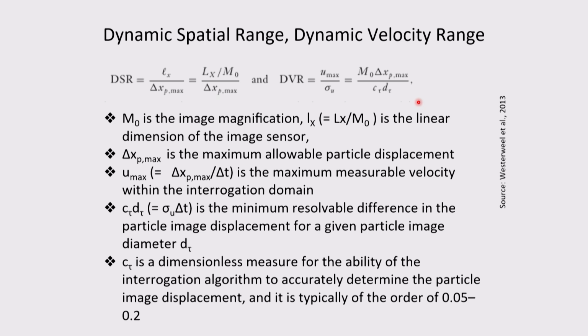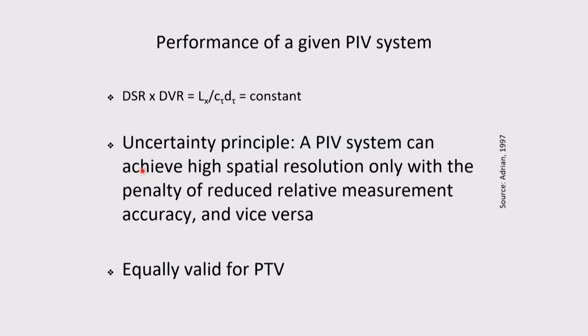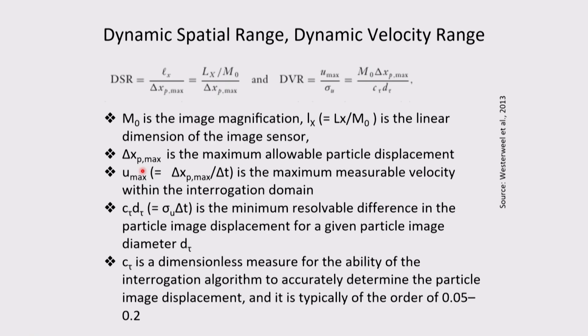So there is a theory behind what the resolution is. Again, it depends on the magnification and the maximum velocity you are expecting; all that you can calculate. But the whole thing is that there is a spatial range and a dynamic velocity range. That means what kinds of velocities you can measure, and what resolution you can achieve.